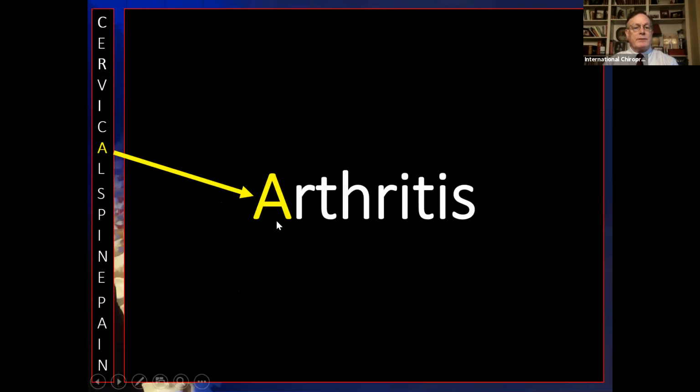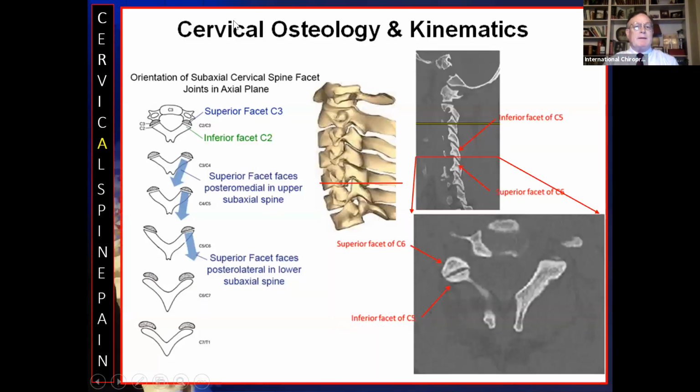So on with arthritis. Let's talk about the study of the bones and kinematics in the cervical spine. One of the interesting things, I think, is that the orientation or trophism of the facets is extremely important throughout the spinal axis. There's a transition.